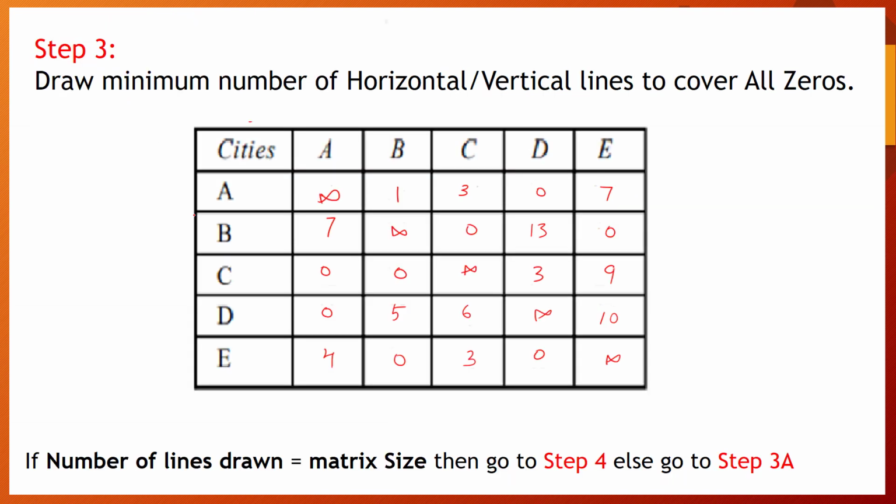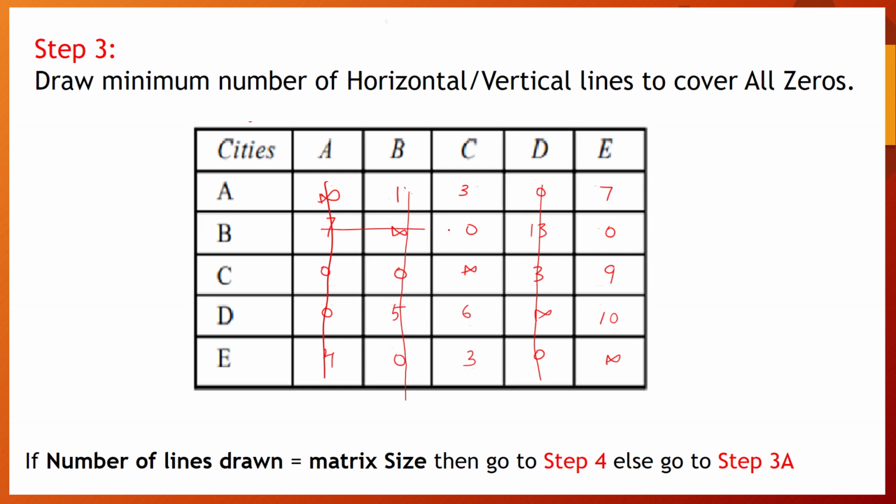In step 3 we need to draw the minimum number of horizontal or vertical lines so that we can cover all the zeros. Here we can draw one vertical line like this, which will cover 2 zeros, and then one more vertical line like this, and one more.